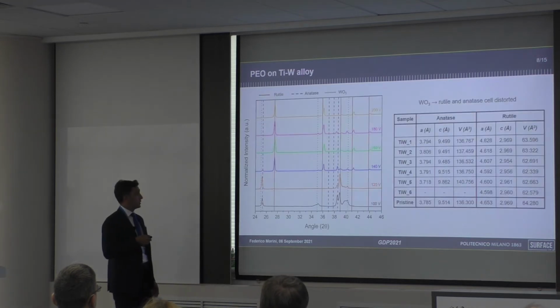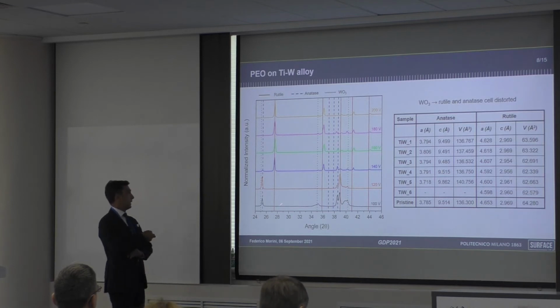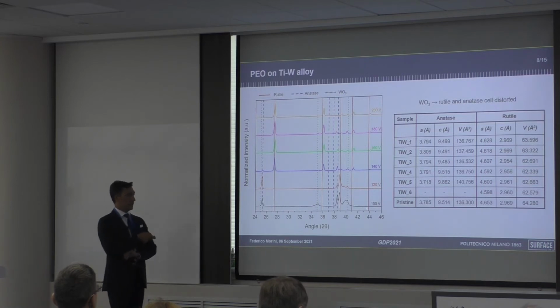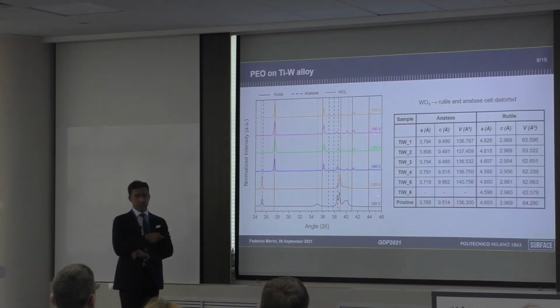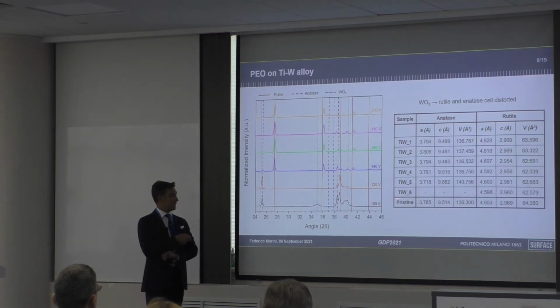From the results, it was possible to see immediately that there's a behavior that changes with increasing voltage, and in particular by applying 100 volts in the PEO, there is the formation of anatase and some tungsten trioxide, with also the presence of signal from the substrate because this oxide is very thin and also sensitive to the substrate.